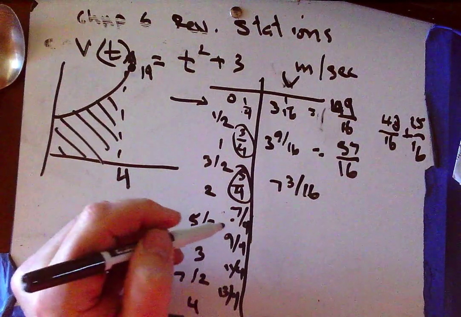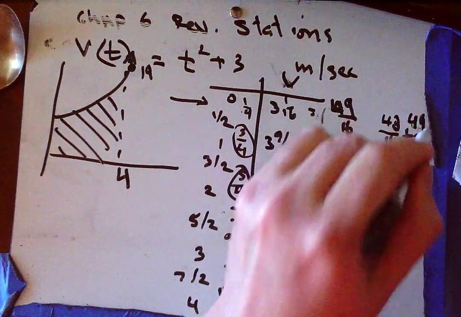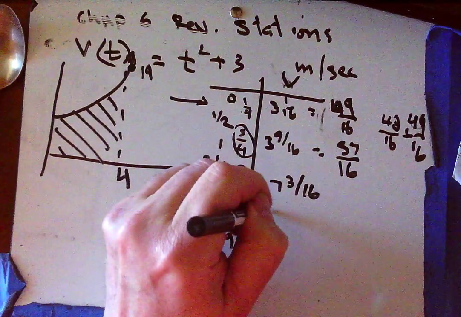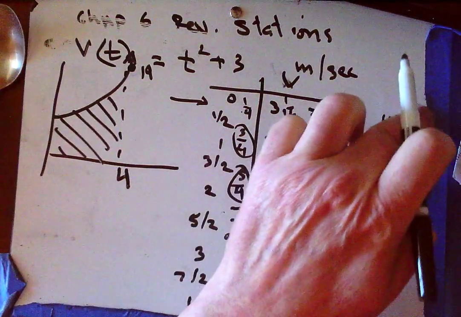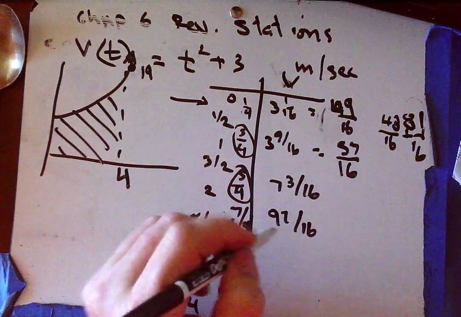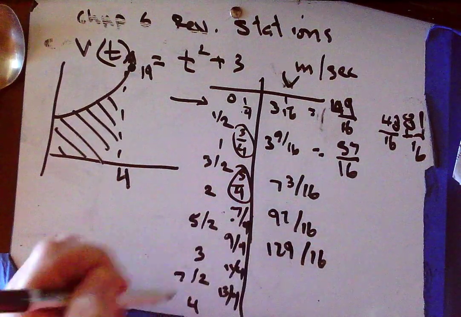And I plug in a 7/4, and that's going to be 48 plus 49, 97 16ths. 9/4, and the 81 plus 48 is 129 16ths.